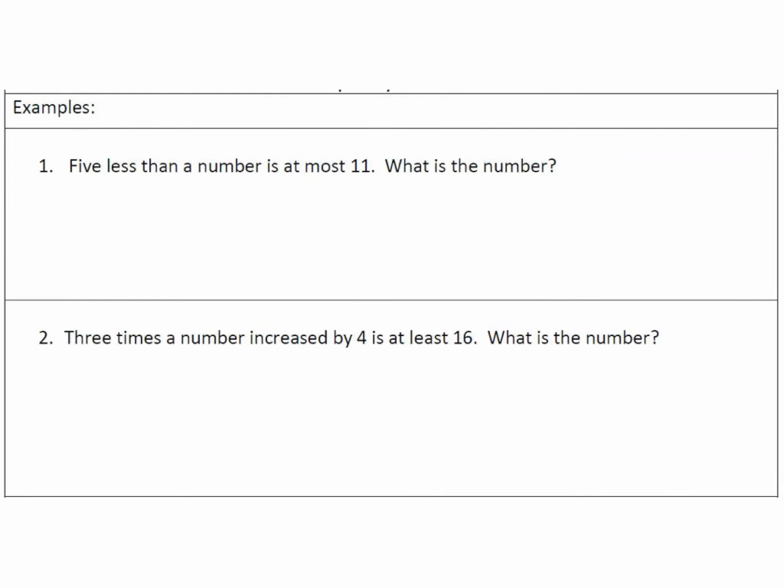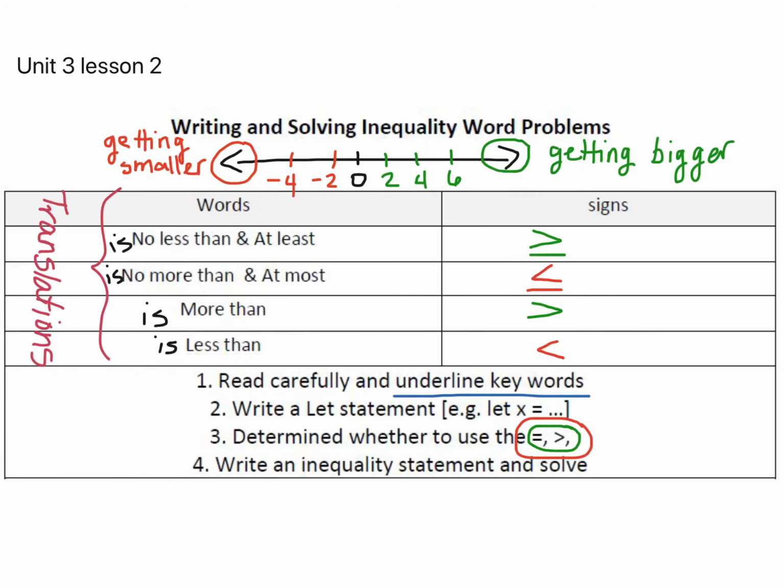So let's look at example number 1. I have 5 less than, and this is why I put in the notes over here the word is in front of everything. Do you see is less than right here? The word is in front of it tells you that it's an inequality.